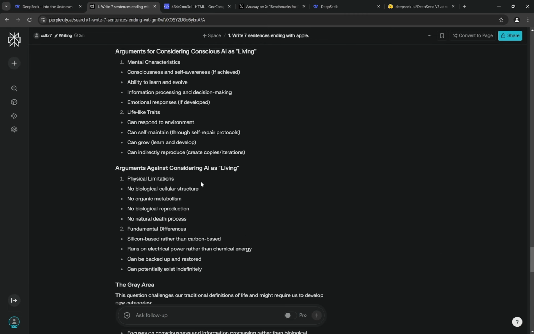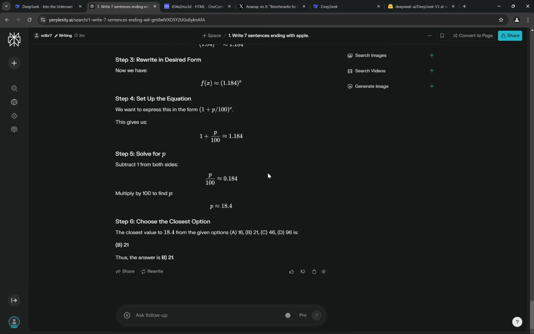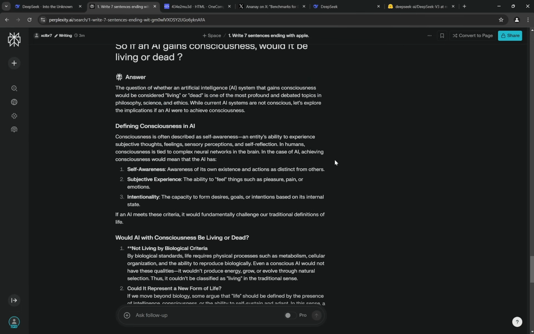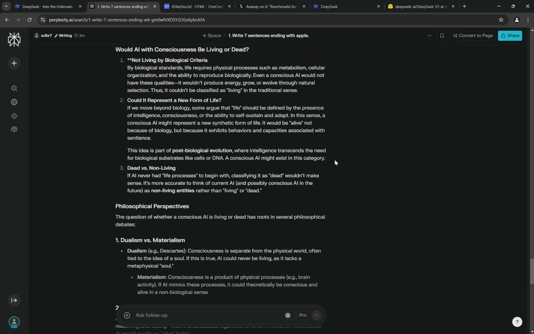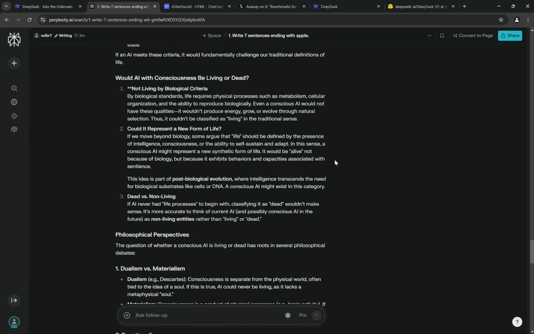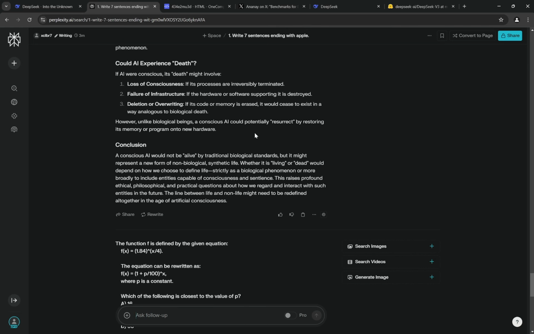Metabolism. And let's see the second last question, that was, will AI be living or dead? They are giving a lot of details, and ethics of sentient AI and everything. Conclusion: would not be alive by traditional biological standards, but it might represent a new form of non-biological synthetic life. Would depend on how we choose to define life.